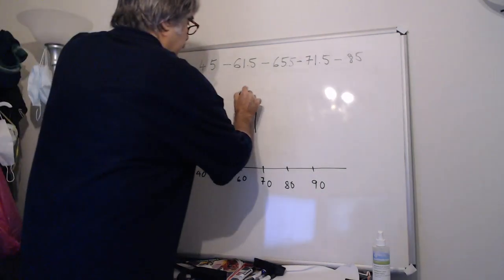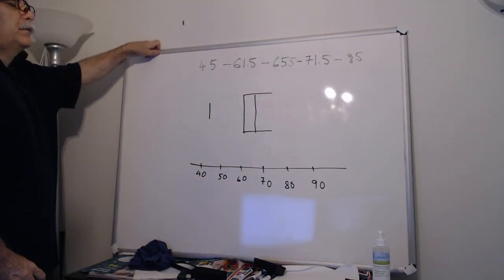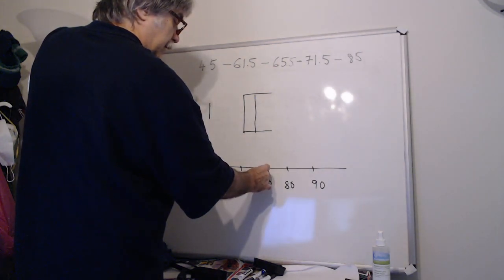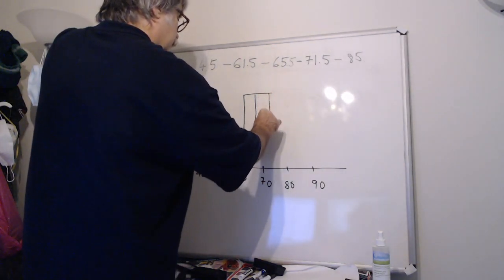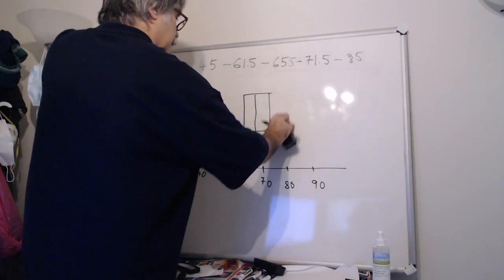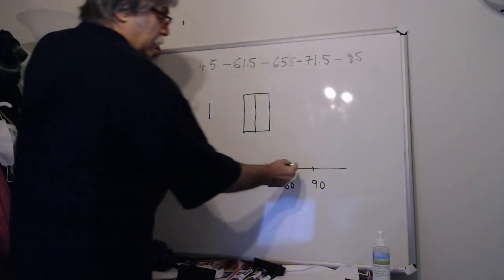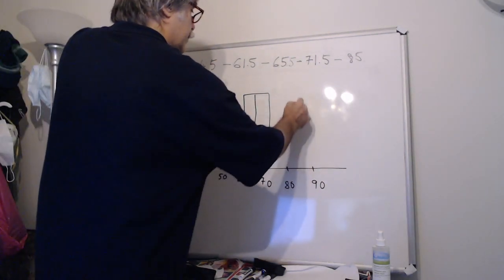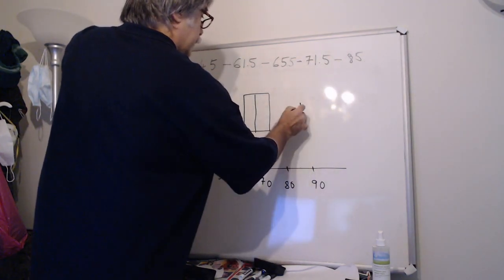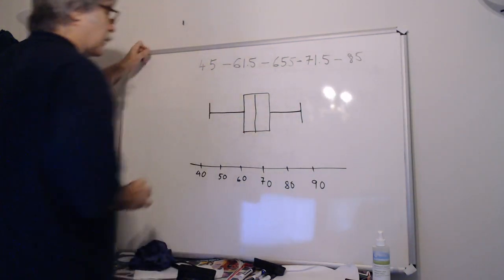So this is going to be a box, going to continue. The next thing you'll find is quartile 3, which is 71.5, something like here. So this is the line where the box will end, and you're going to find the 85, which is where the right tail of the box will end. So you get something like this, and this is called a box plot.